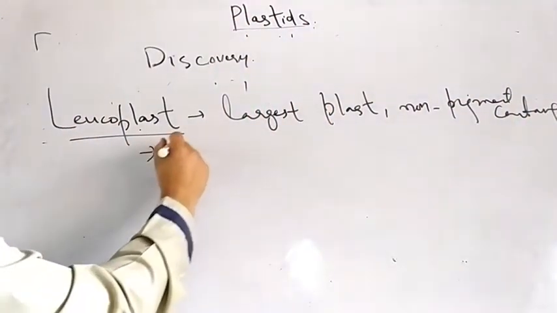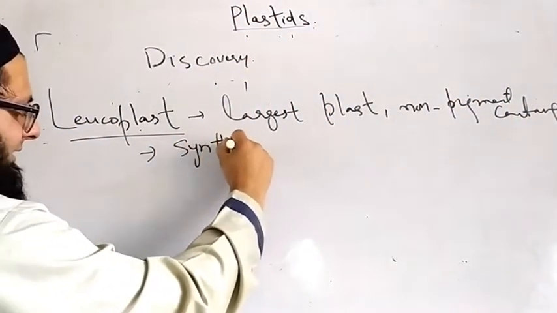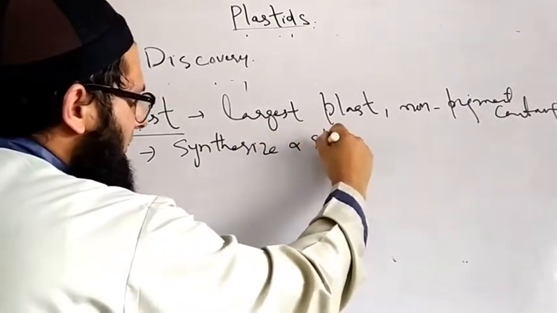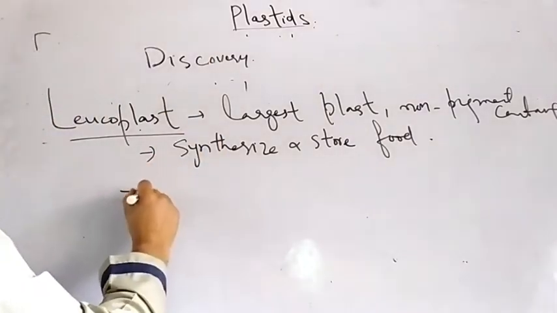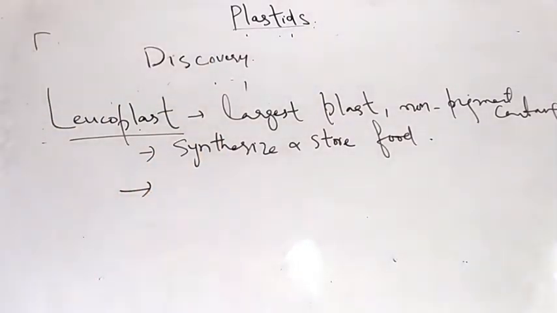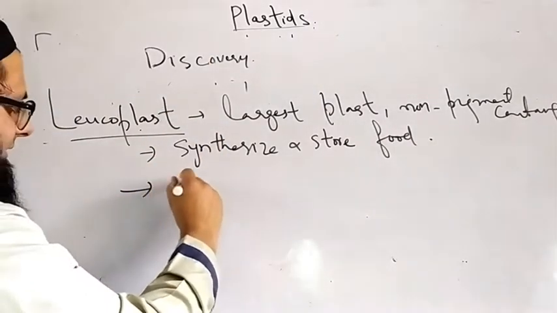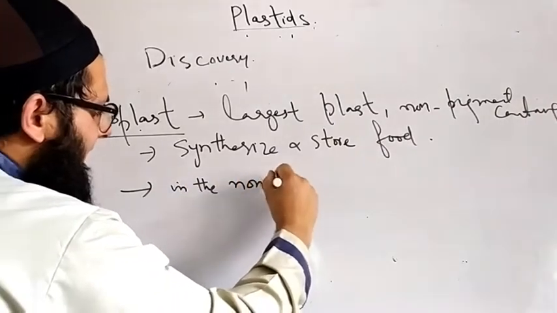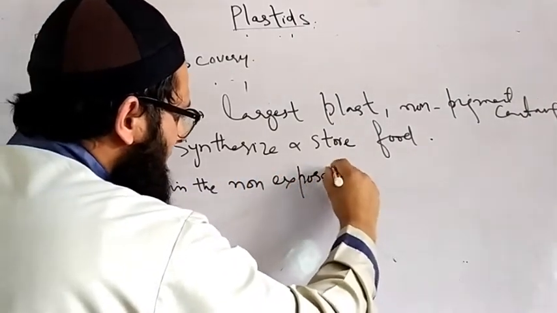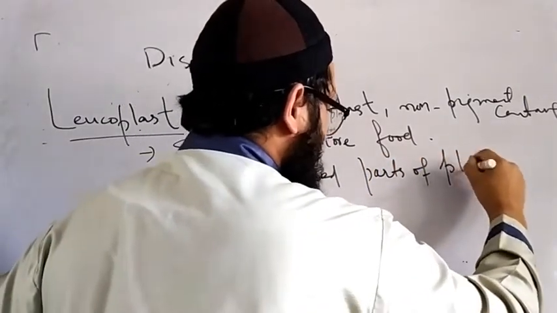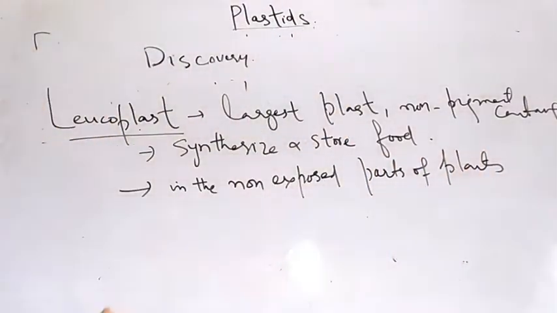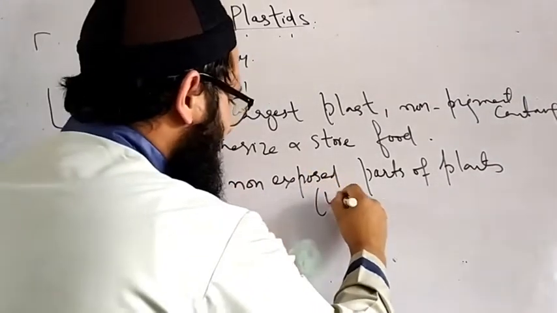What is their function? They synthesize and store food, and moreover they are present in the non-exposed parts of plants. That means they are present in those parts of the plant which are not exposed to light.